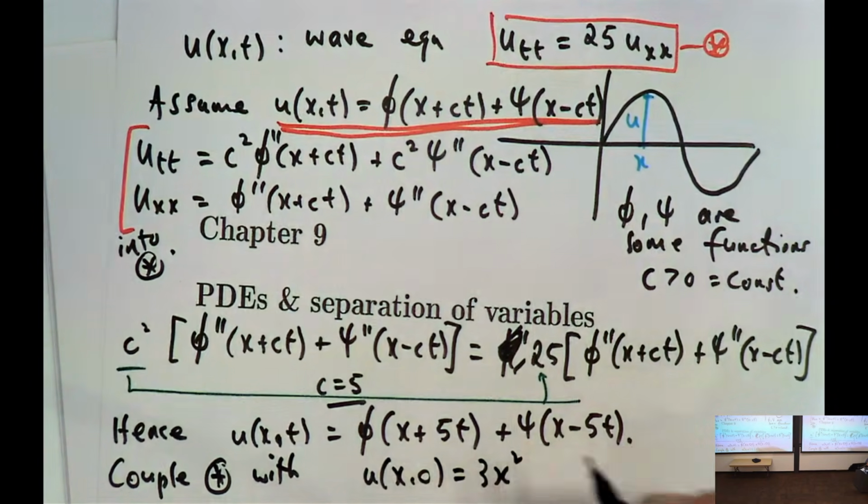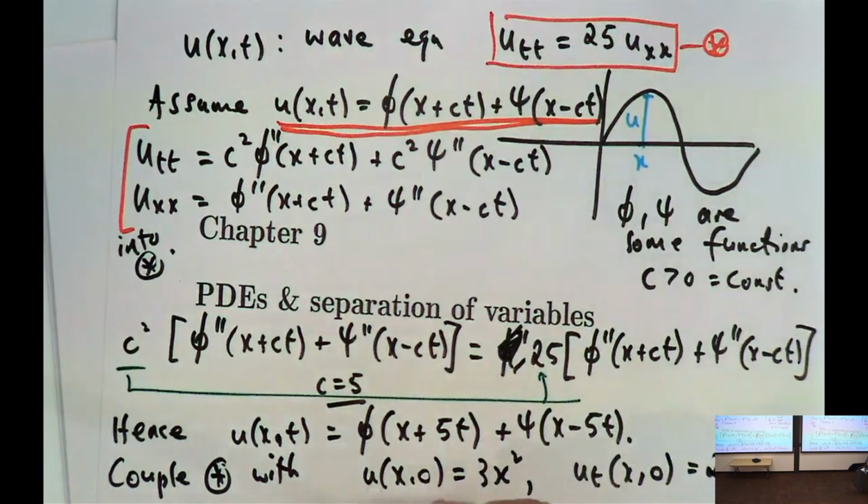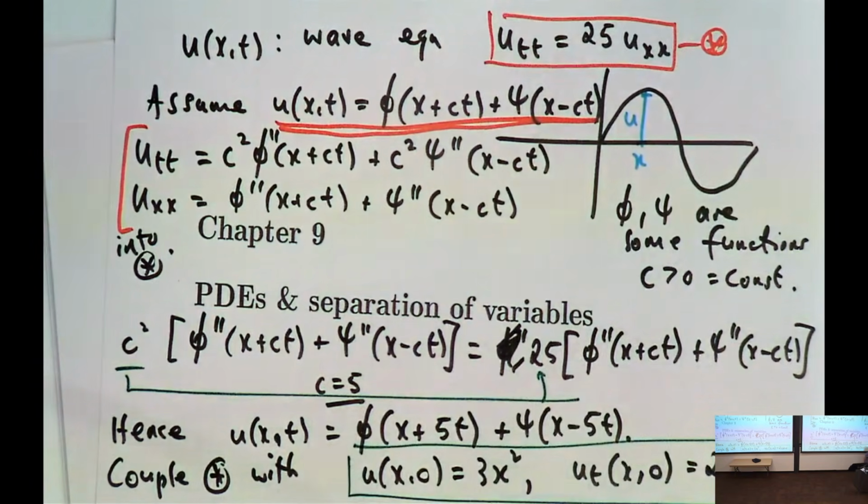So this is going to be the initial condition at t equals 0 for our string. Okay, and this is going to be our initial velocity. Now, those two bits of information are enough to get psi and phi.